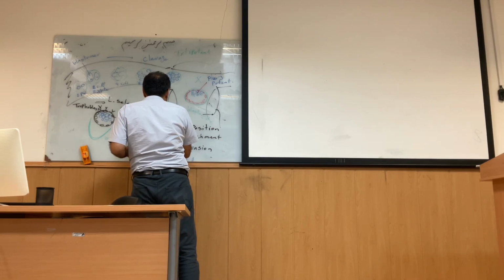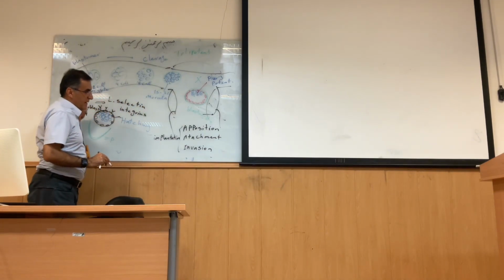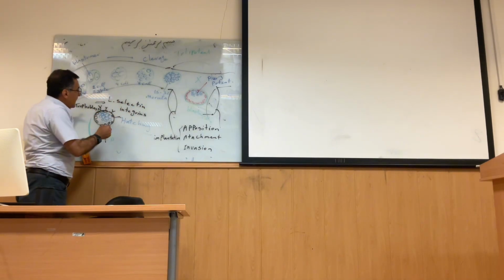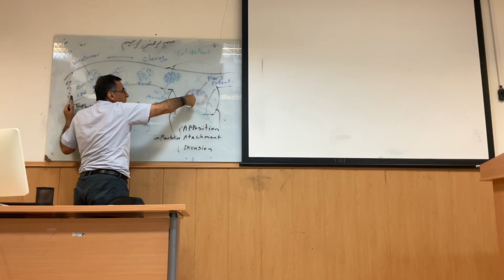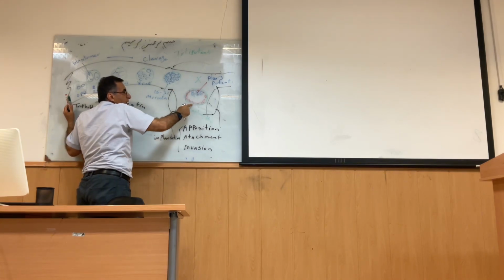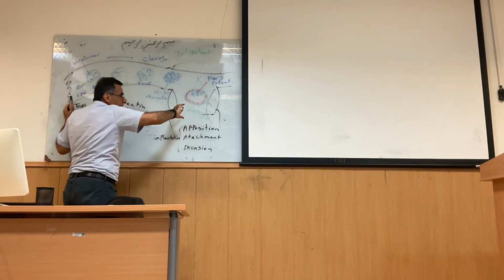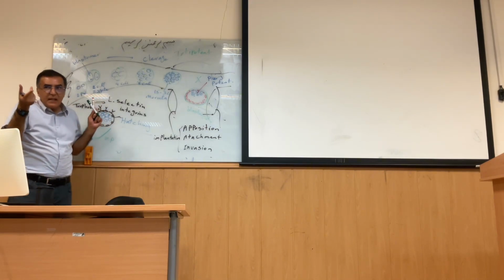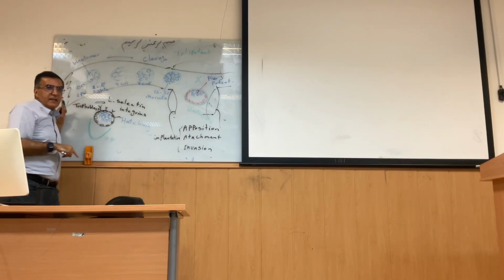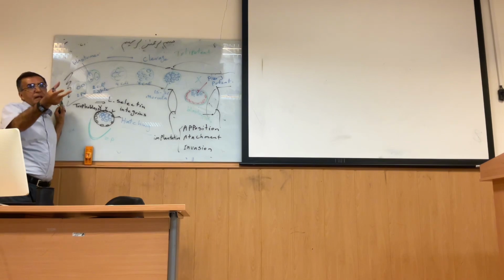This is implantation. The embryo attaches from the inner cell mass side, not the other side. This is the embryonic pole and this is the abembryonic pole. So when it wants to attach, first it rotates, because it has to attach from the inner cell mass side. Is it clear? This is apposition, because we want the embryo to correct the position of attachment.